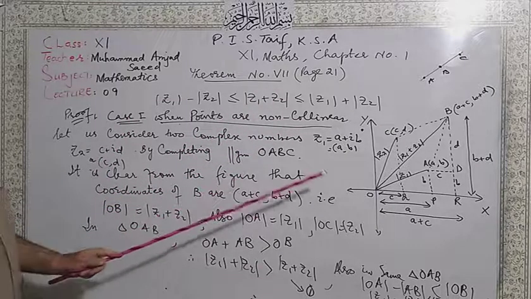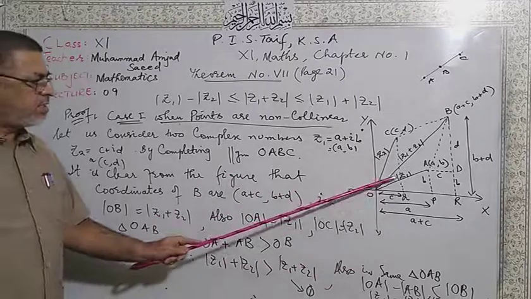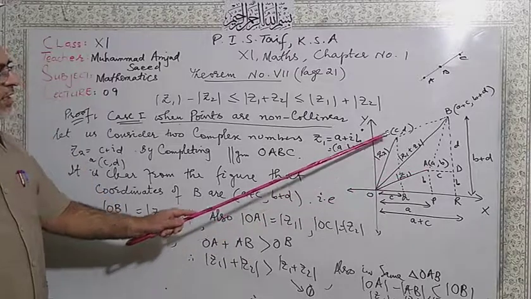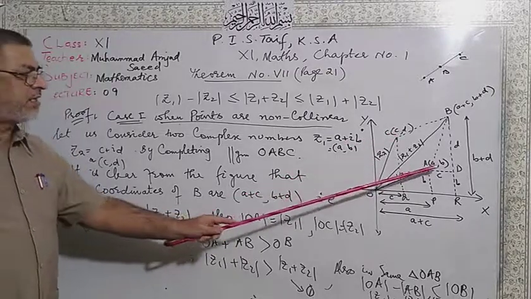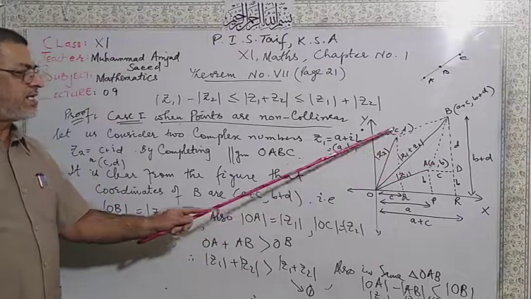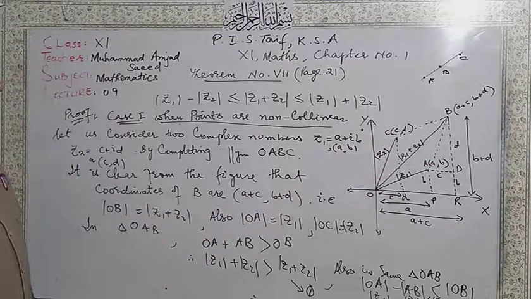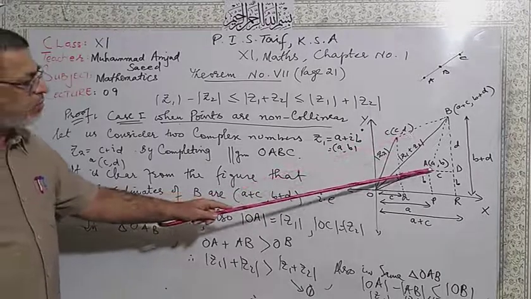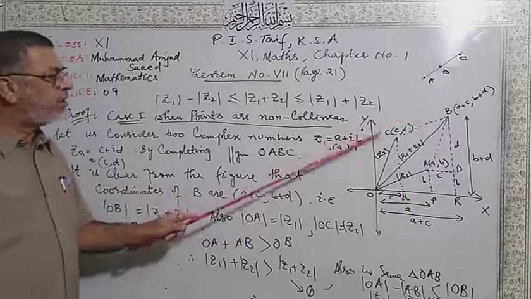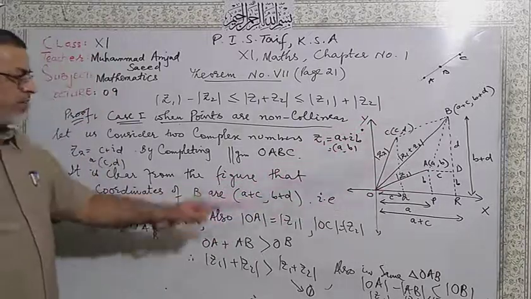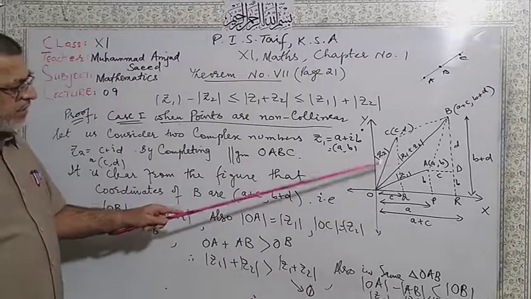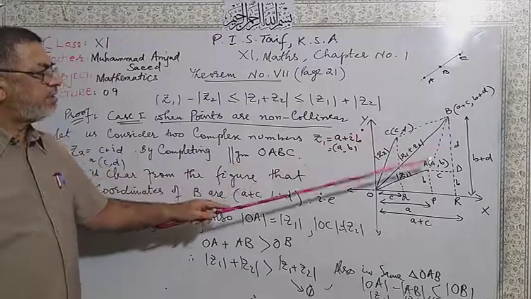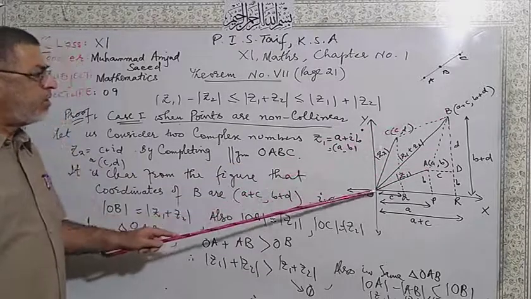Suppose we have two complex numbers: z1 is a plus iota b, denoted by the ordered pair (a, b), and z2 is c plus iota d, which is the ordered pair (c, d). After that, we complete a parallelogram in such a way that OC is parallel to AB, or rather AB is parallel to OC.